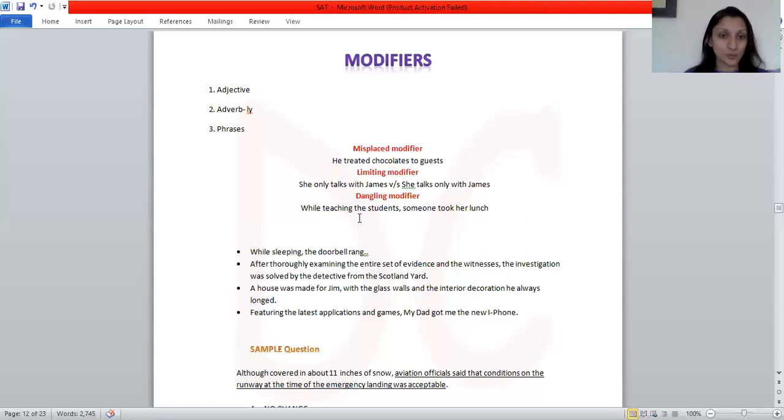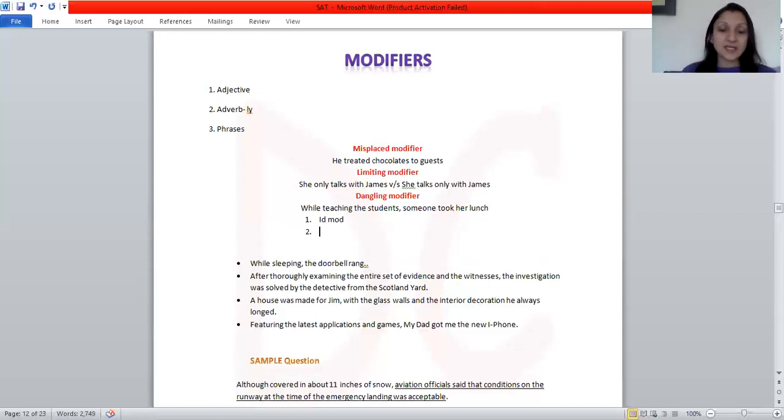Now I'll tell you a rule to remember. In modifiers, the first thing you do is identify the modifier. In this case, we identified that "while teaching the students" is the modifier. Then the next thing you do is identify the subject. So the subject of the entire sentence, including the modifier, okay? Not the subject of only the sentence leaving the phrase away, no. This modifier is going to what subject?